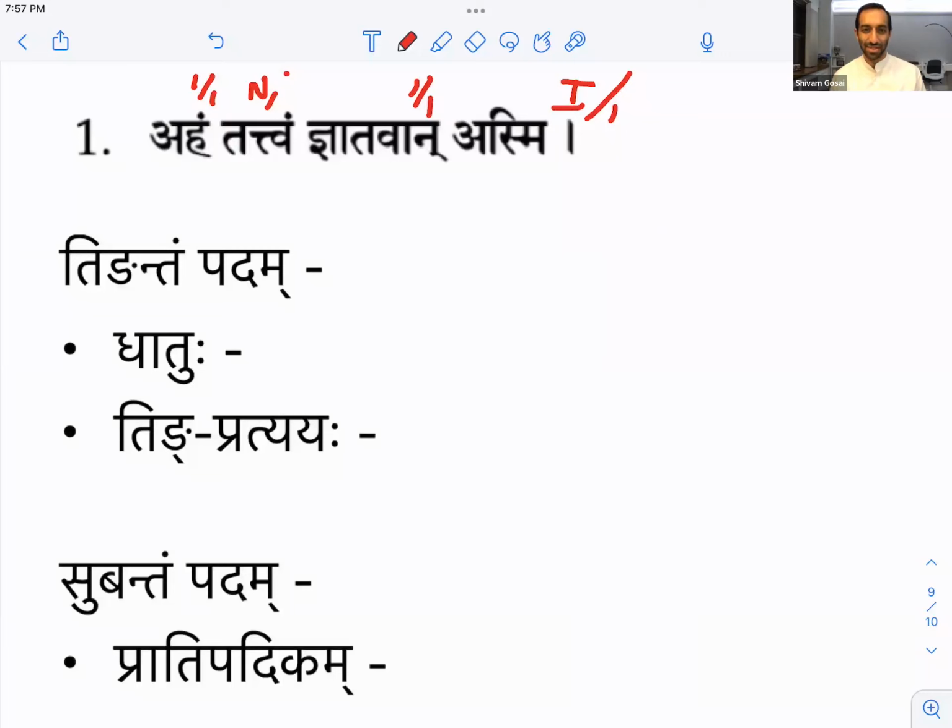So aham, pratipadika asmad. This is a sarvanama, or you can say dakaranta. Punlinga. Pratama vibhakti, ekavachanam. Kartari pratama to asmi. So I am.